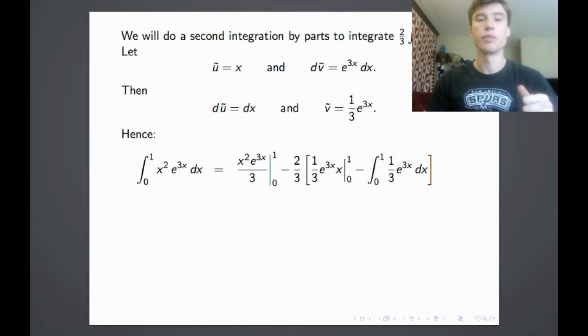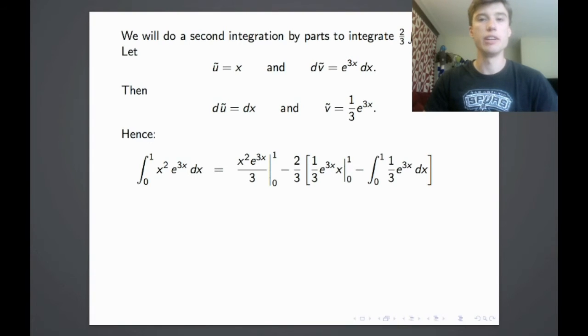equation, and we find that our integral of interest is equal to x squared e to the 3x over 3 evaluated from 0 to 1 minus 2/3 times 1/3 e to the 3x times x evaluated from 0 to 1 minus the integral from 0 to 1 of 1/3 e to the 3x dx.